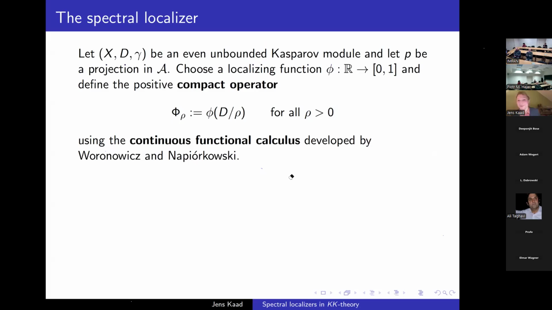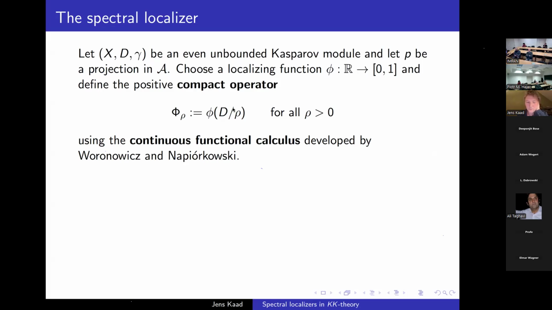Okay, so now we started with such an even unbounded Kasparov module, and I also have a projection P in the game. And this projection P belongs to the coordinate algebra curly A. I choose one of these localizing functions.